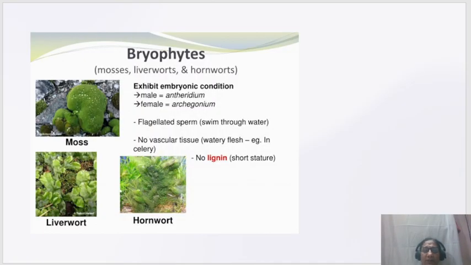The antheridium later develops the flagellated sperms, which swim through water. No vascular tissues are present, and lignin is also absent in these plants.